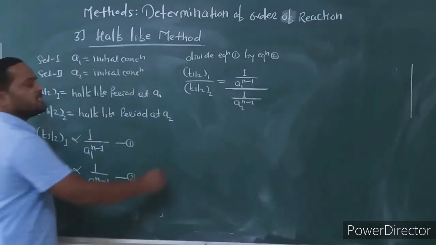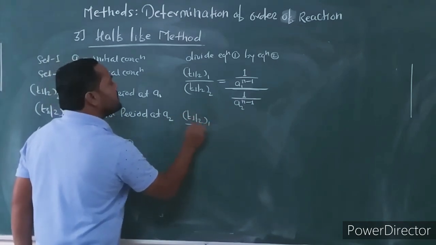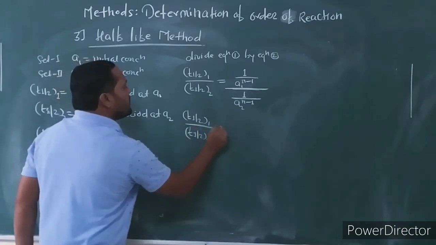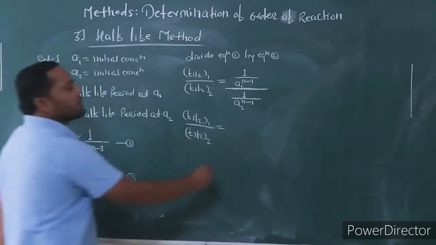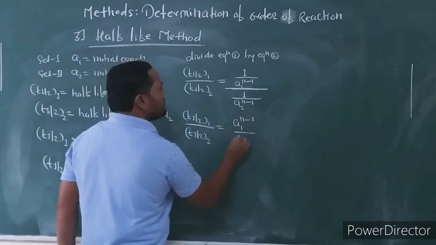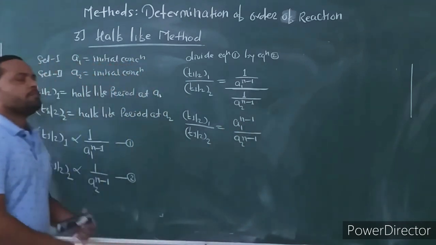Then we can rearrange this: T half 1 divided by T half 2 is equal to A2 raised to n minus 1 divided by A1 raised to n minus 1.